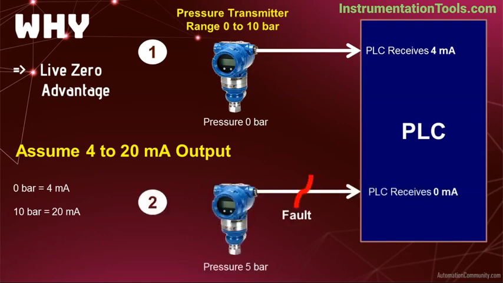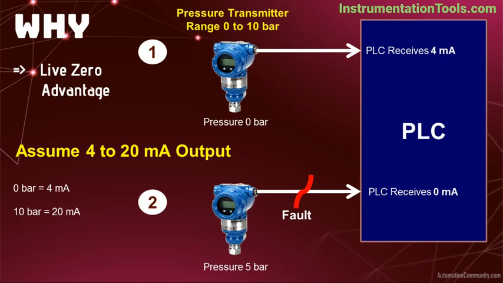Case 2. Let's consider wire is broken between PLC and transmitter. Consider the process pressure is 5 bar. Because of the broken wire, the PLC receives 0 mA, and identifies it as a faulty signal. How PLC identifies the fault here?